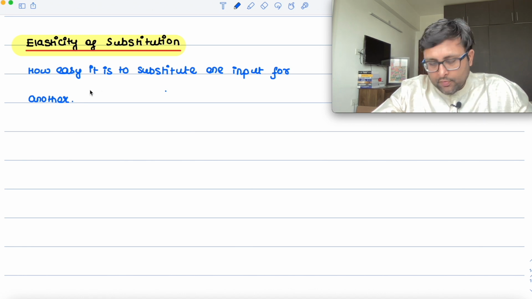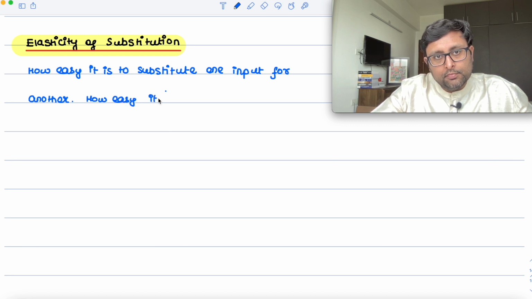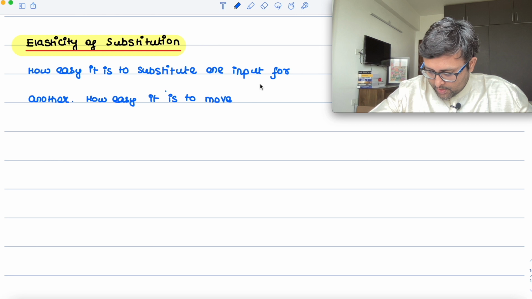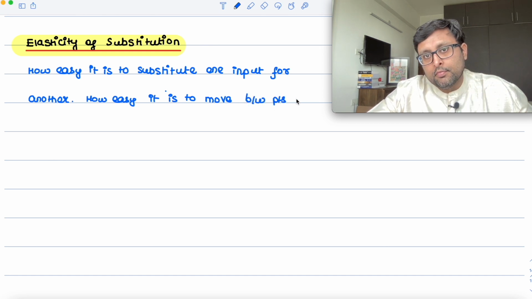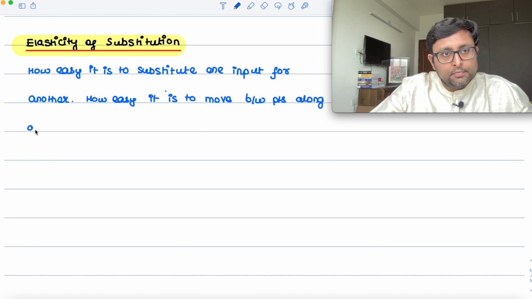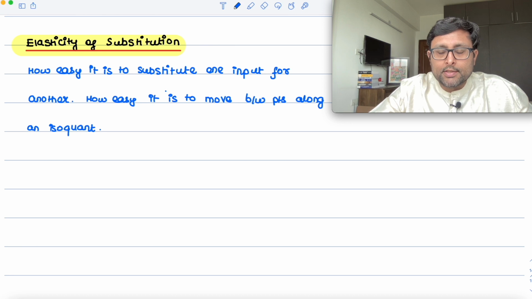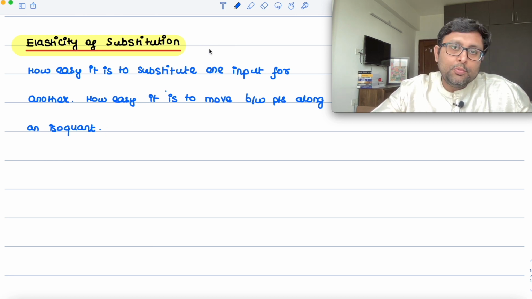How easy it is to move between points along an isoquant. So you mean this, beta?